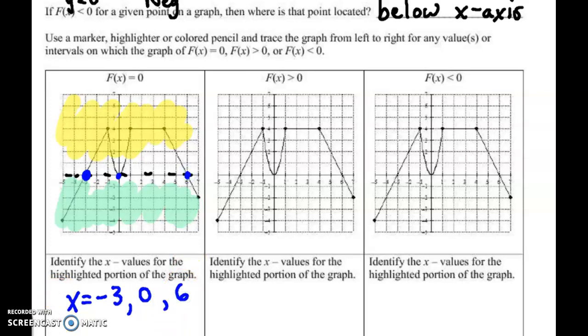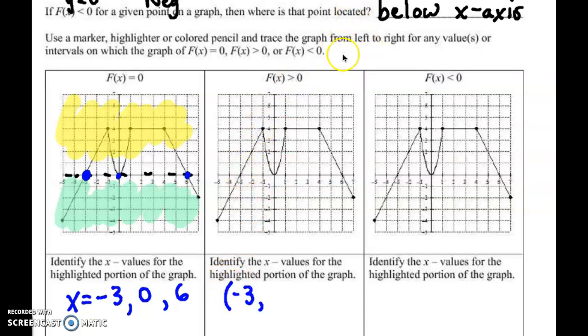Then for the next question, where the function is above the x-axis, it's not above the x-axis until we get past -3. So we definitely want to use parentheses here because it's greater than only, not equal to. When would we use a bracket? What if this said greater than or equal to? Then we would want to use a bracket because it could be on the x-axis or above.